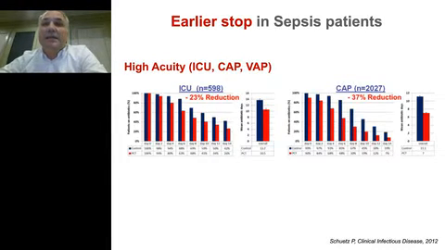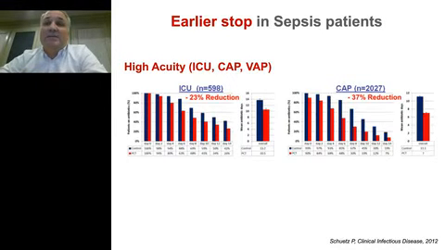And the effect in patients with pneumonia is even higher, it's around 40%. Again, most patients are being treated in the PCT group, but most patients have shorter courses because PCT provides us with a signal that we can early stop antibiotics.